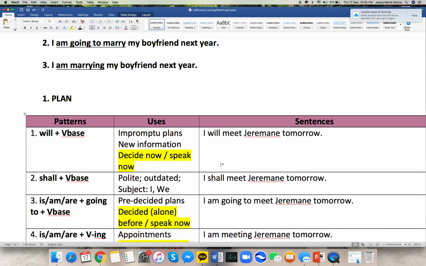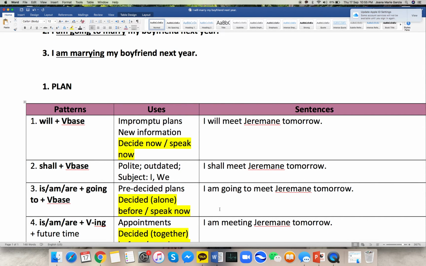Oh, okay, I will go to the supermarket. It's impromptu. But when you say I'm going to the supermarket, it means that before I ask you, you already decided about your plan for the weekend. So think about it again. What's your plan for the weekend? And this time, you can know exactly which verb you need to use.